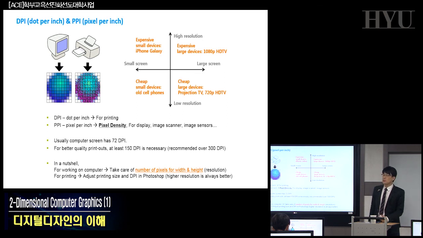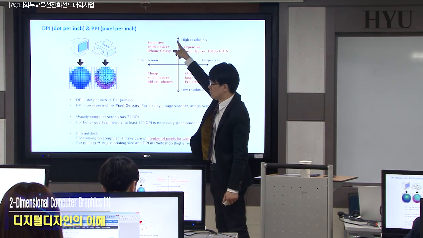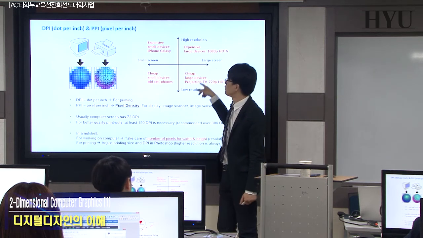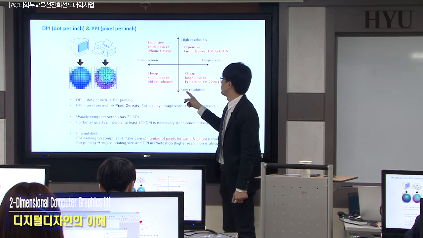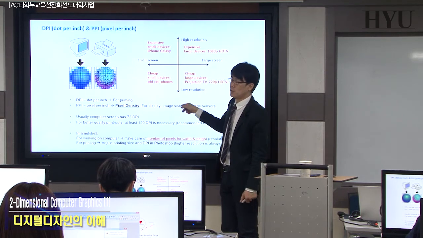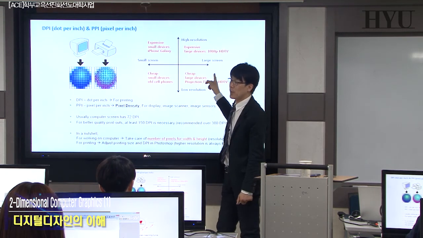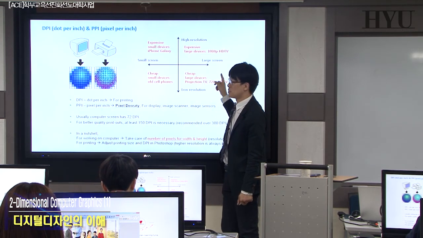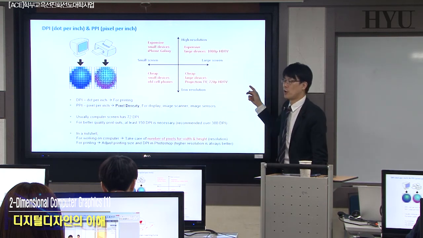Screen resolution and size of screen are different. I displayed this simple matrix, high resolution here and low resolution. In other words, full HD resolution and very low resolution. But screen size can vary by your devices. Sometimes you can find a very large screen.